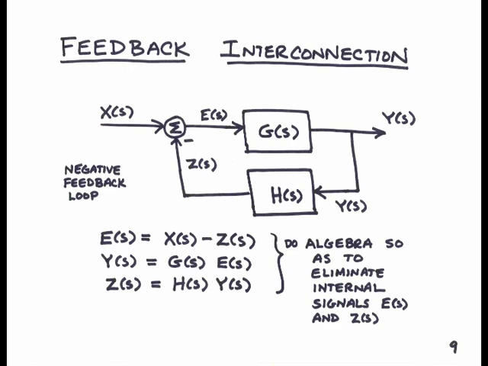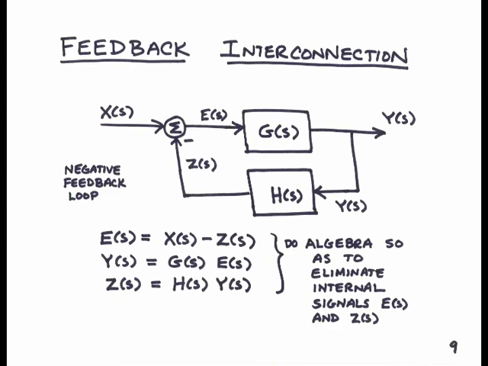The signal Z(s) is referred to as the feedback signal, and since it is subtracted from X(s) to produce E(s), this is referred to as negative feedback. The manner in which output signal Y(s) is brought back to a summation junction in front of G(s) is referred to as the feedback loop.